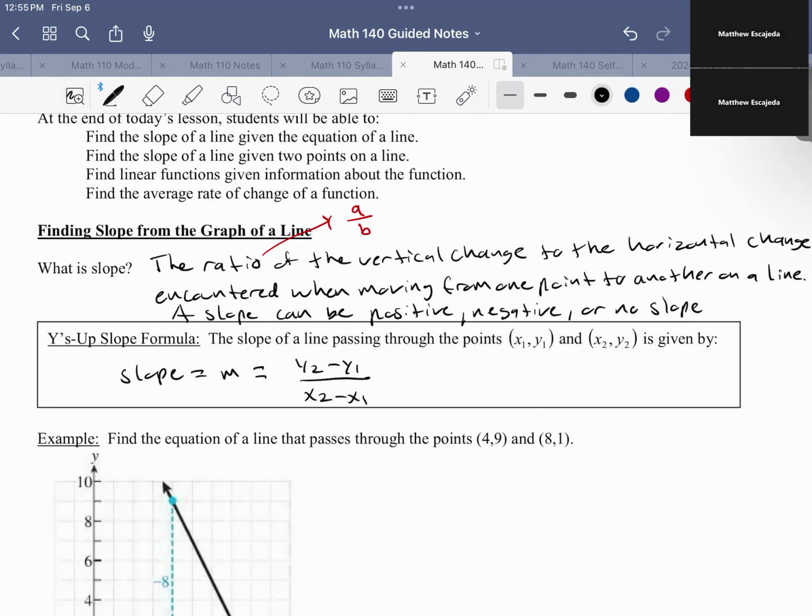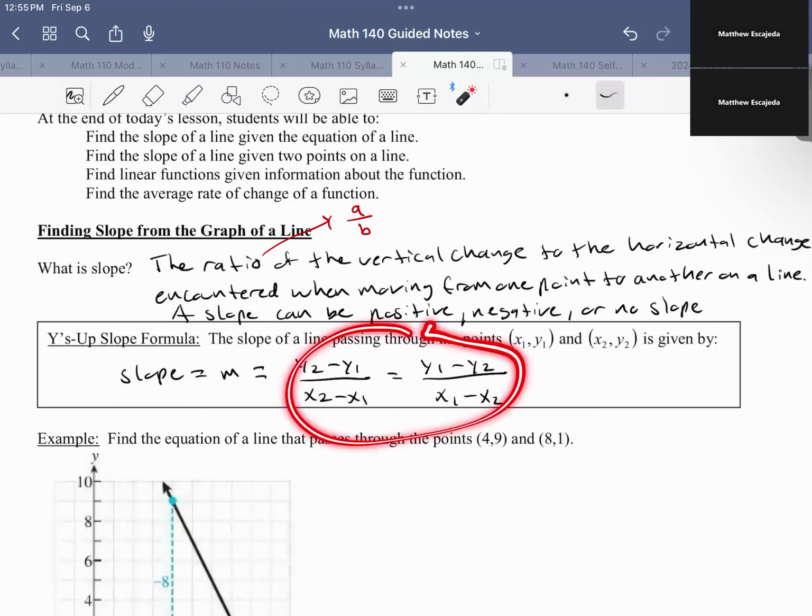Y's up, meaning the y's are on top in this ratio. Vice versa, you can write it as y1 minus y2 over x1 minus x2. You will get the same exact slope using either one, it's really up to you.